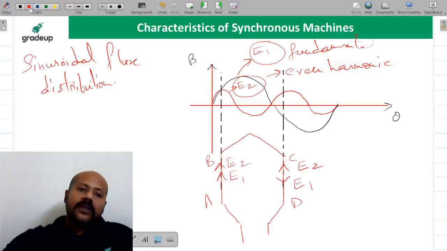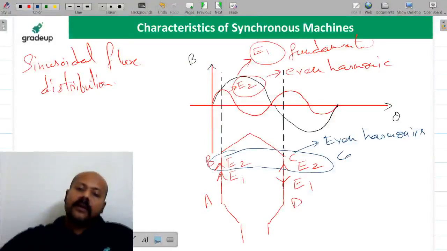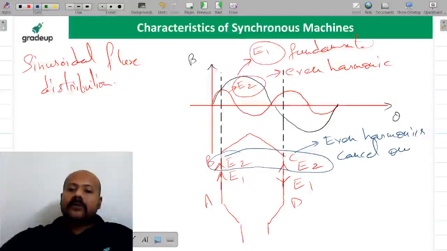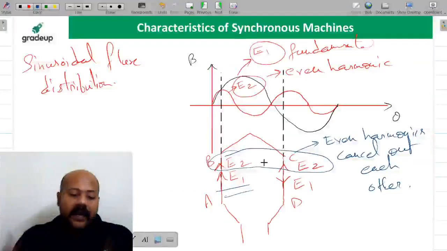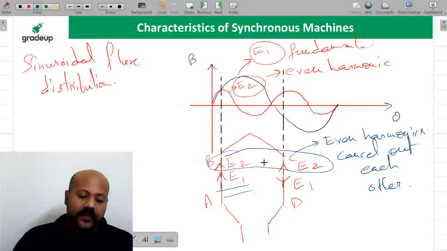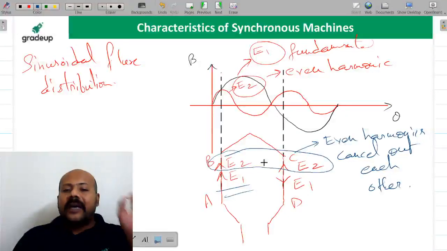So the even harmonics are going to cancel out each other, whereas the fundamental components E1 and E2 are going to be added. I hope it is clear. All of you, please tell me quickly, are you comfortable with why the even harmonics are not present?